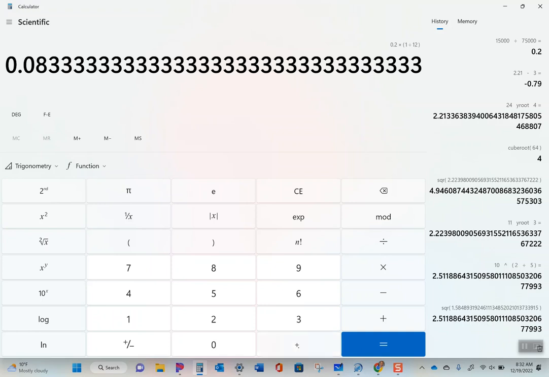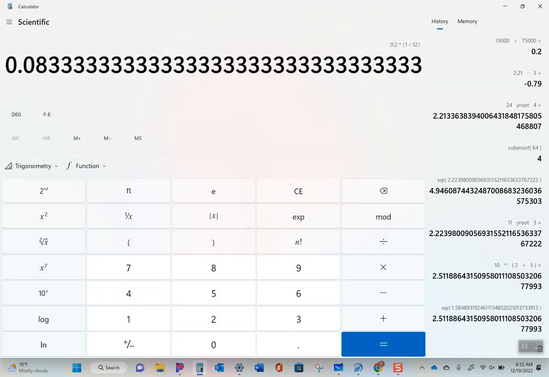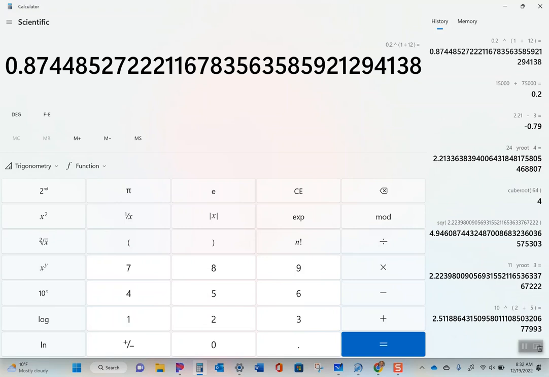Hang on a second. I'm going to go 0.2 x to the y. Okay, clear. Let me try this again. Something didn't look right there. There we go. 1 divided by 12. What do we get there, guys? 0.87, don't we? Okay, so about 0.87.